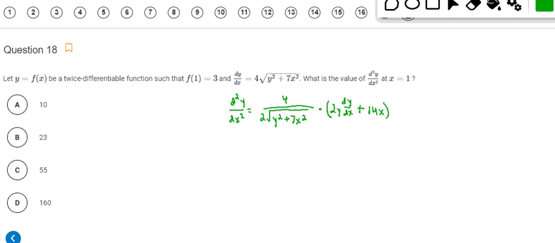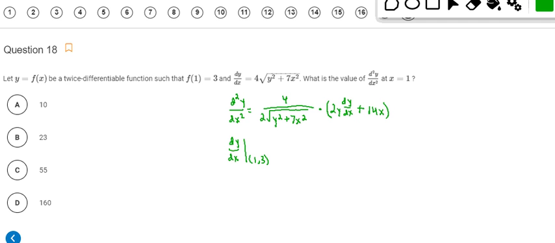All right. And it's also important to note that since we're looking for the value at x equals 1, it's also important to know that f of 1 equals 3. So now I want to say that we want dy dx at the point 1, 3. Because we're looking for it when x equals 1, and when x equals 1, y equals 3. All right, so we have to put together all of that information here.